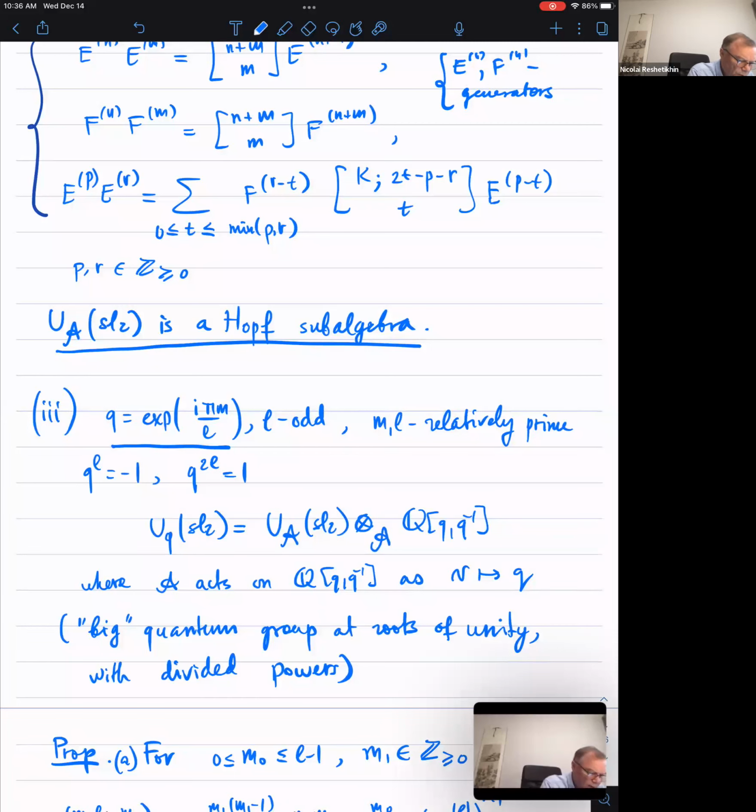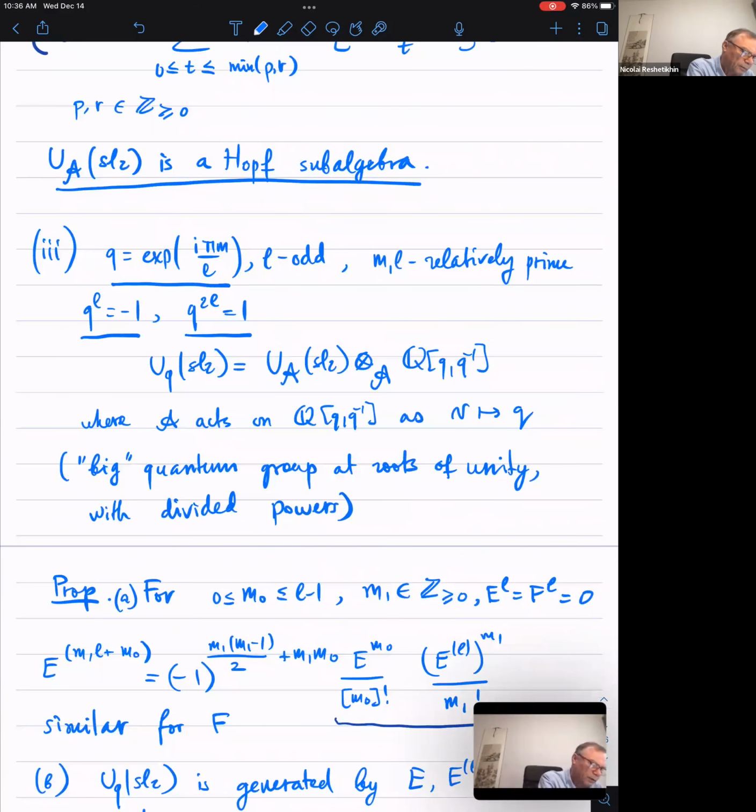So l is odd, but it doesn't have to be prime. So q to the l is -1, q to the 2l is 1. This is exactly the kind of q that appears in topological quantum field theory and in modular categories that sort of were used to construct topological quantum field theory.